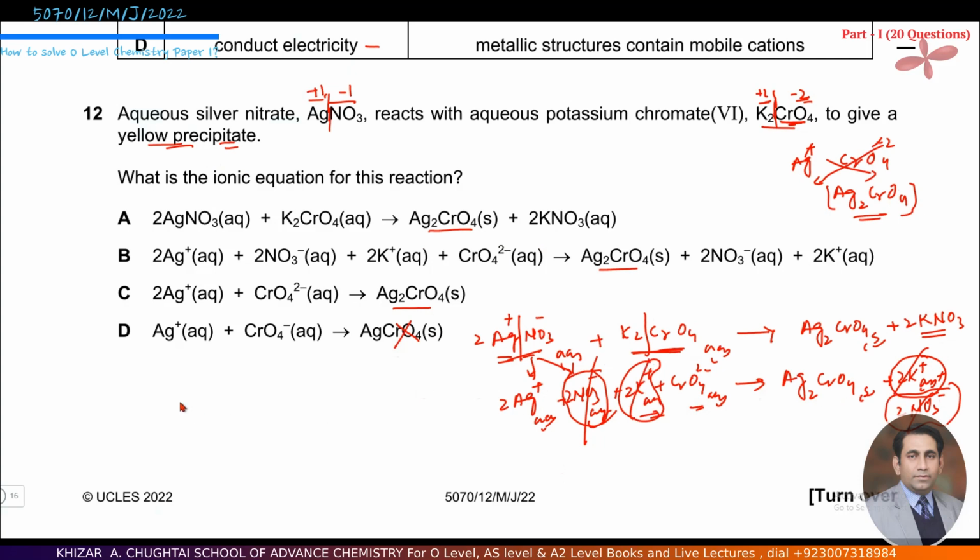The remaining equation is 2 Ag positive aqueous plus CrO4 2 negative goes to Ag2CrO4 solid. This is your final ionic equation, which is option C. C is the correct option.